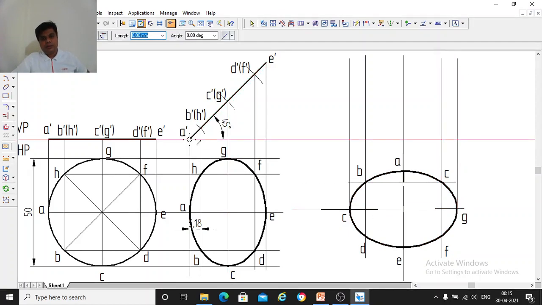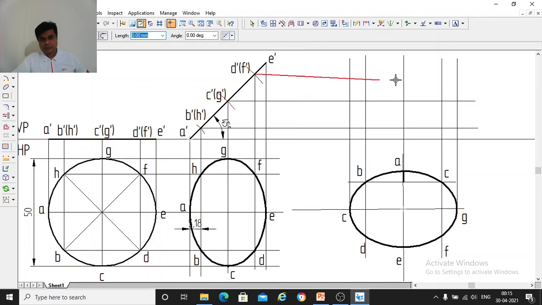So now again similarly from this front view, from all the points we draw horizontal lines. So we have to find out the front view points A dash, B dash, like that. So again the method is same.